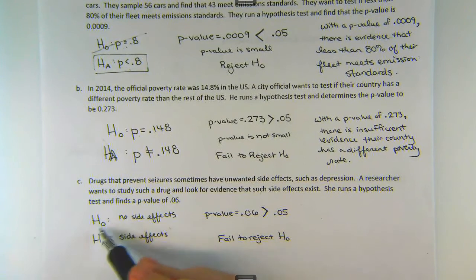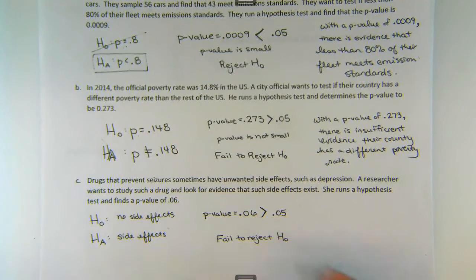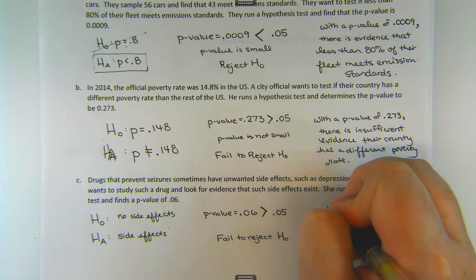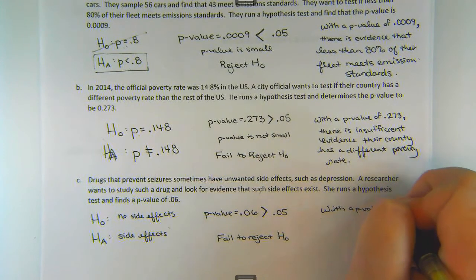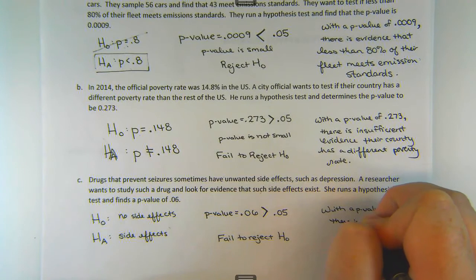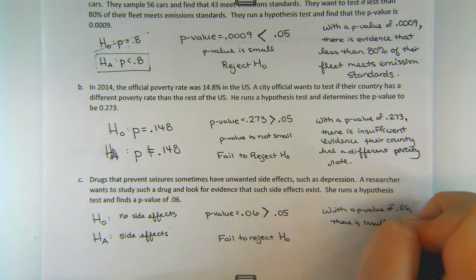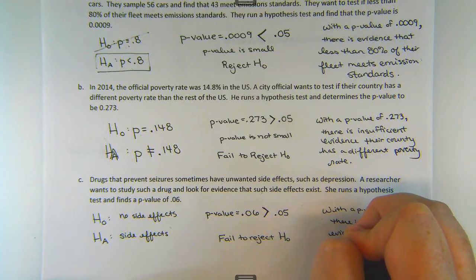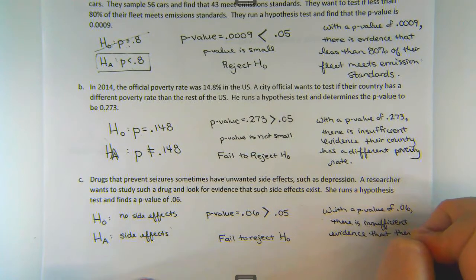Which means we can't get rid of this. We can't claim that there are side effects, so we just don't have enough evidence to say that there are side effects. So with a p-value of 0.06, there is insufficient evidence that there are side effects.